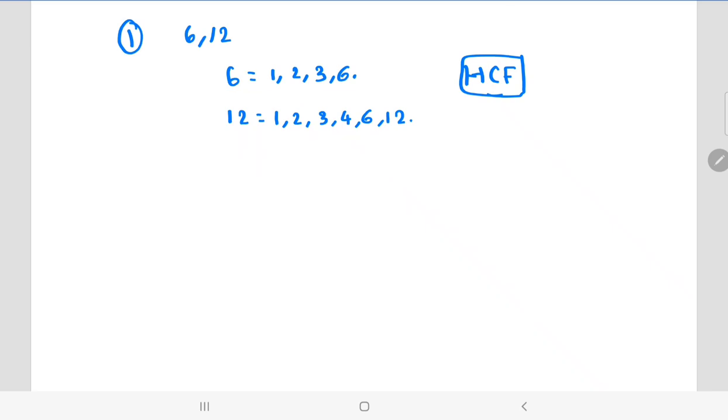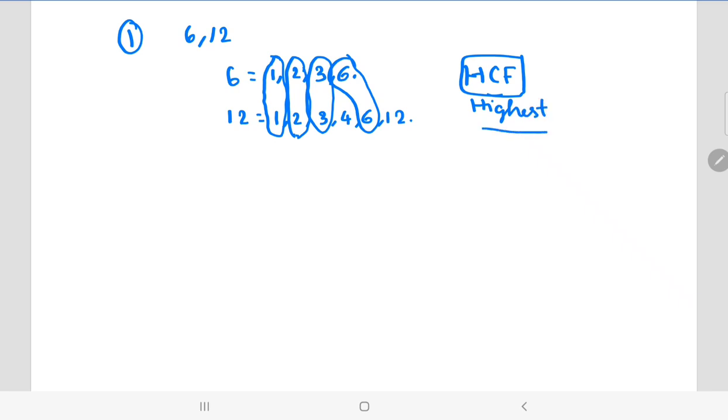Then what I need to do is, I need to circle the common factors. 1 is a common factor, 2 is a common factor, 3 is a common factor and 6 is also a common factor. So if you just see, HCF means highest common factor. Please understand highest.